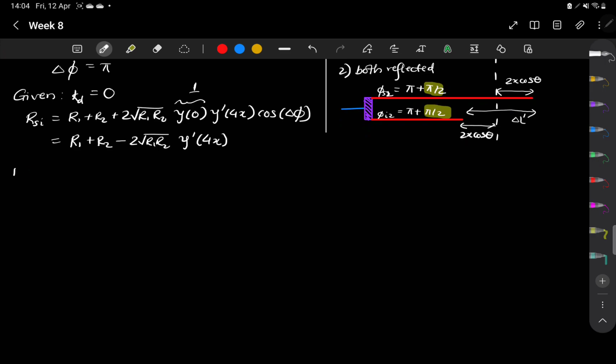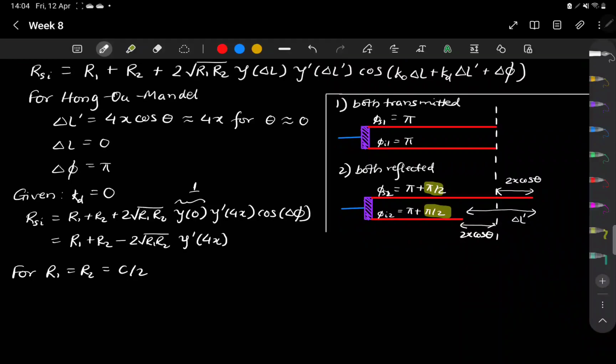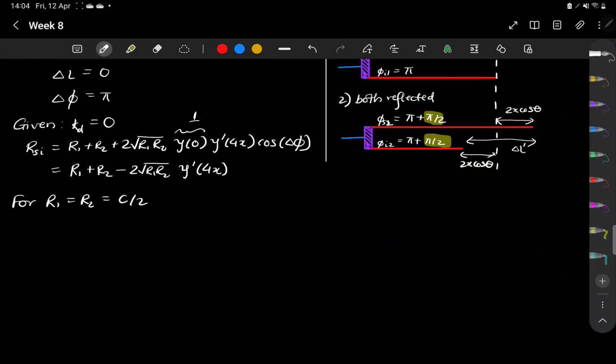Now let us consider that R1 is the same as R2. That means these two individual paths have the same counts.